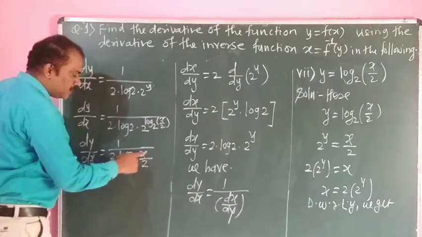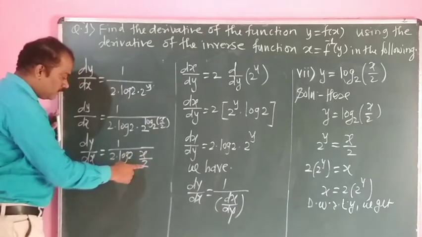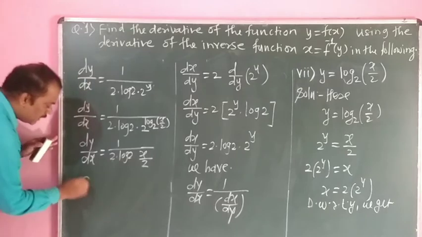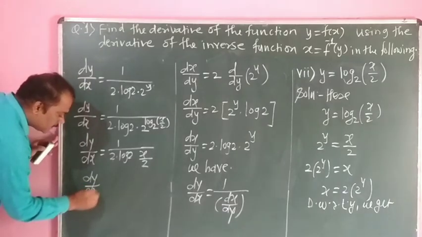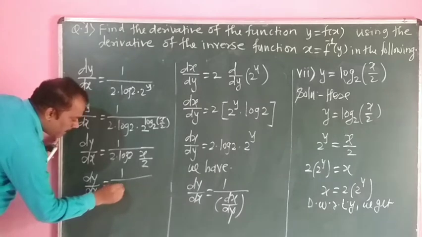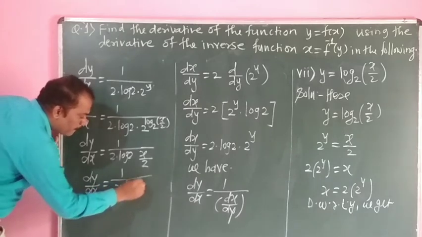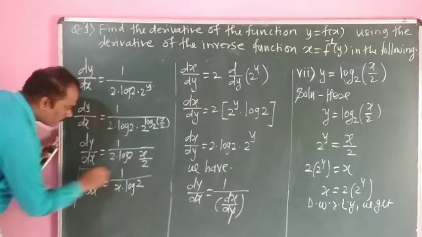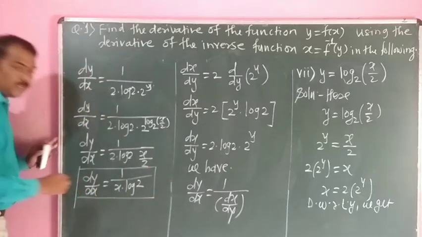Its simplification is nothing but x by 2. This 2 and this 2 get cancelled. That is, dy by dx is equal to 1 upon x into log of 2, which is the required answer.